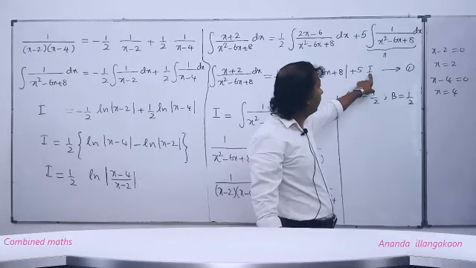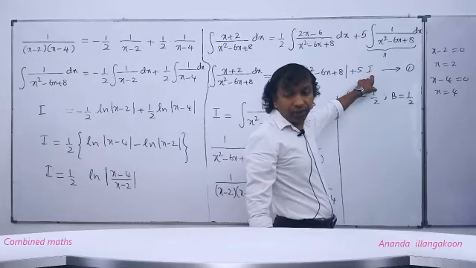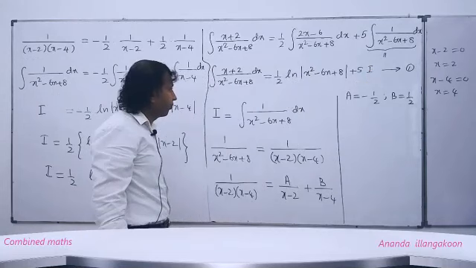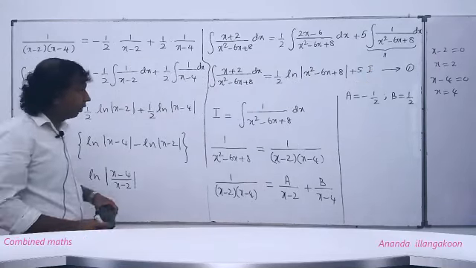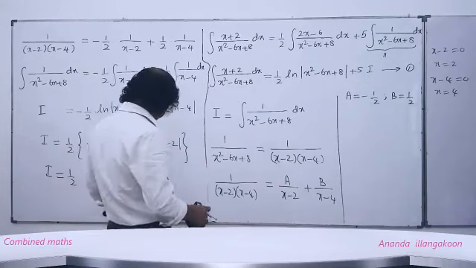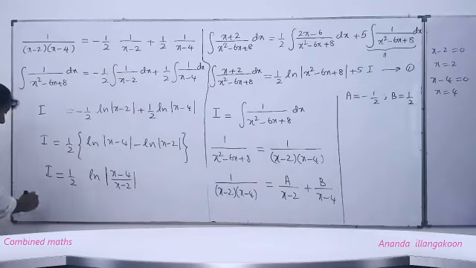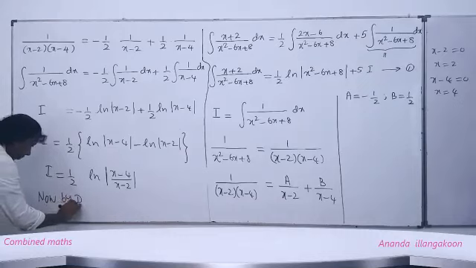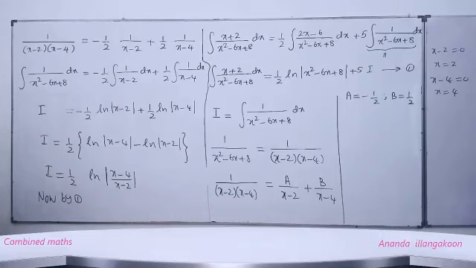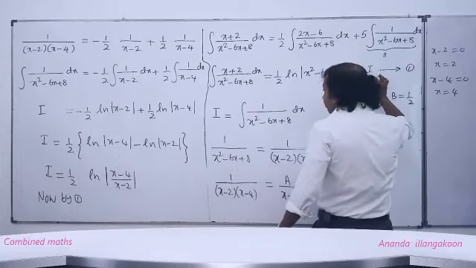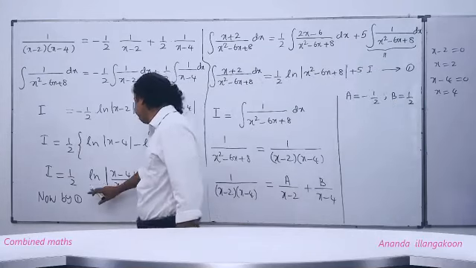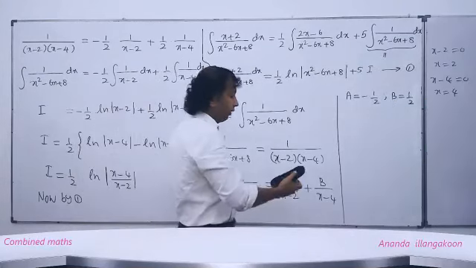Now in number 1, in the place of I, we substitute that answer. Now by number 1, for the place of this I, we have to substitute this answer. Then we write it like this.